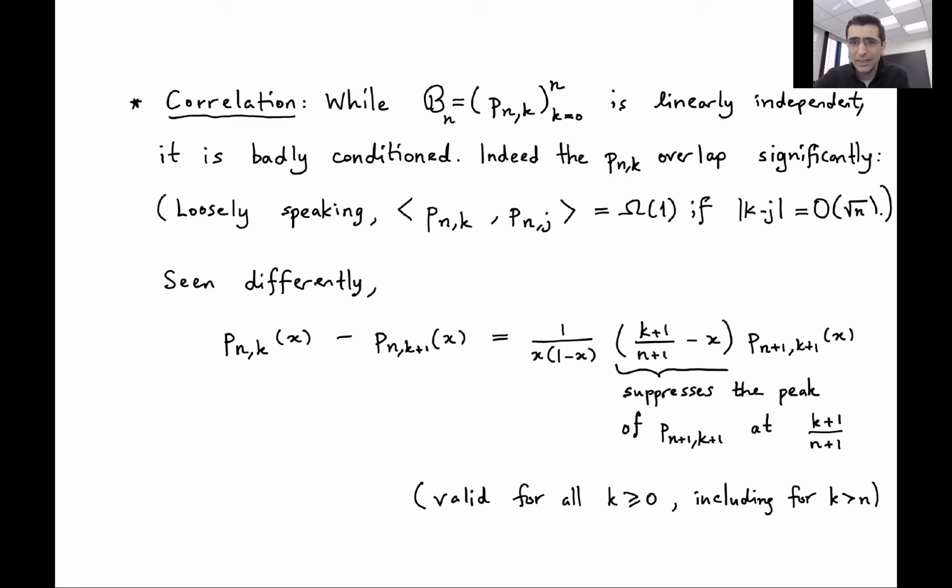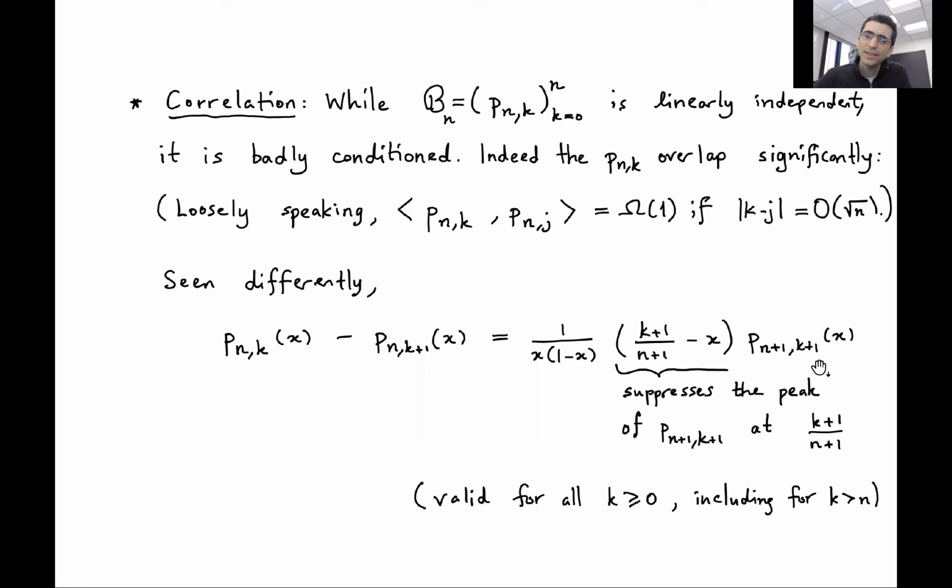It's not relevant to the discussion, but there is a linear form that has a 0 at k plus 1 over n plus 1, times the Bernstein basis polynomial at degree n plus 1, position k plus 1.